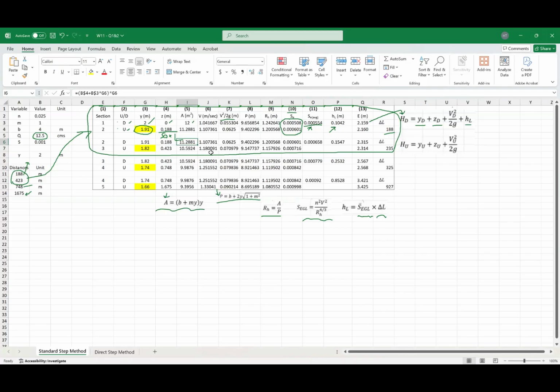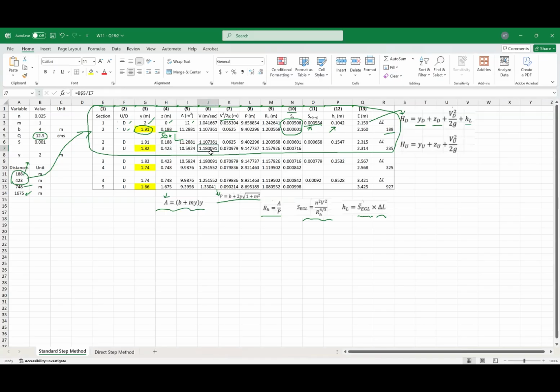We calculated the area, velocity head, the perimeter, hydraulic radius, slope, and then here we also know that the elevation should be 0.43423.